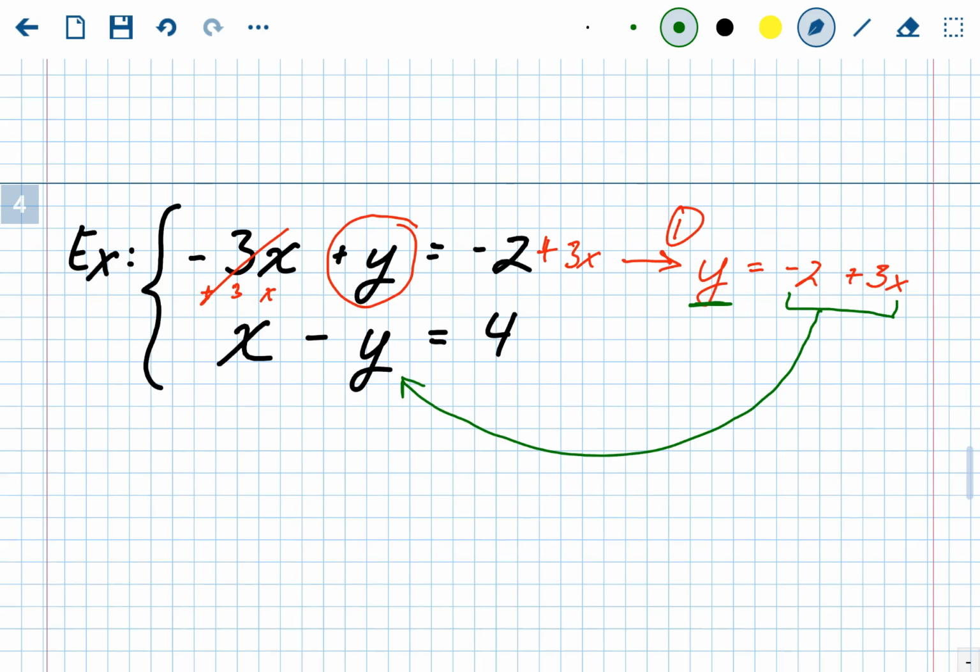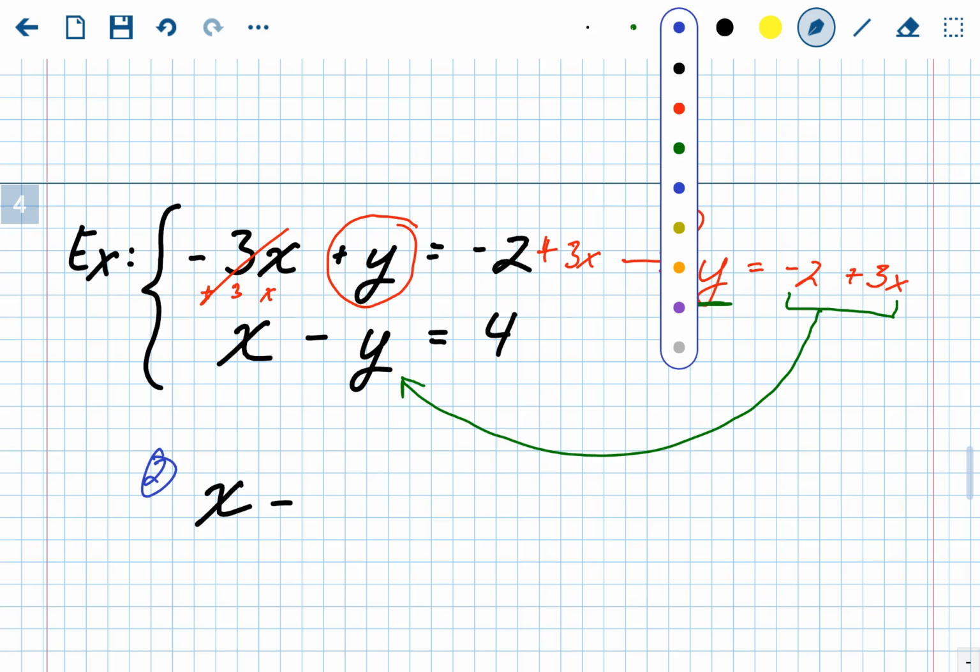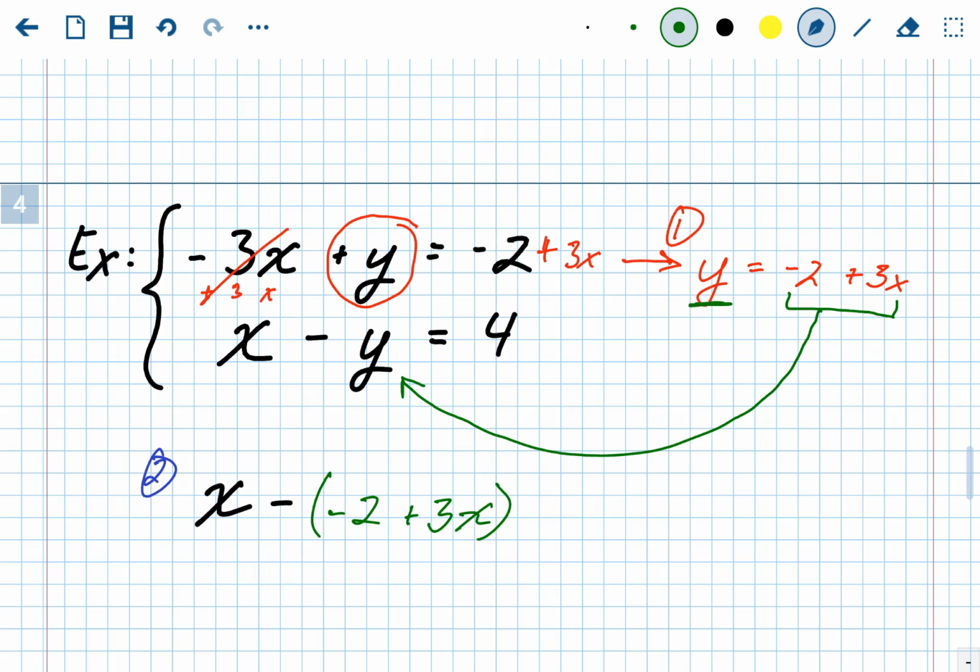So I'm going to rewrite that bottom equation for step 2. Again, I'm saying that y equals negative 2 plus 3x, so we're going to say x minus (negative 2 plus 3x) equals 4.